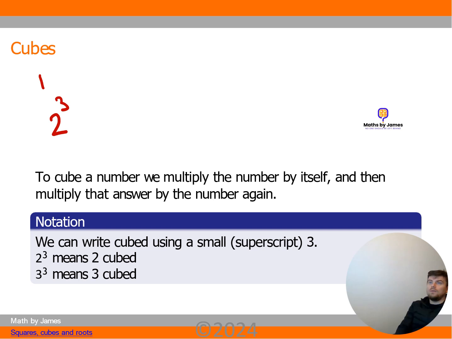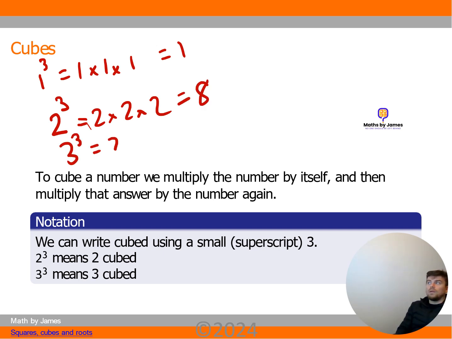So we've got 1 cubed, which is 1 times 1 times 1, and then we've got 2 cubed, which is 2 times 2 times 2. 1 times 1 is 1. 2 times 2 times 2 is 8. And then we've got 3 cubed, which is 3 times 3 times 3. 3 times 3 is 9. Times 3 is 27.